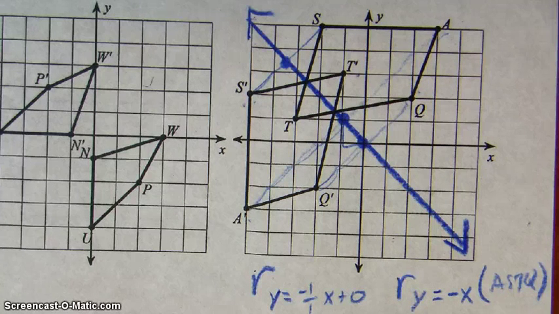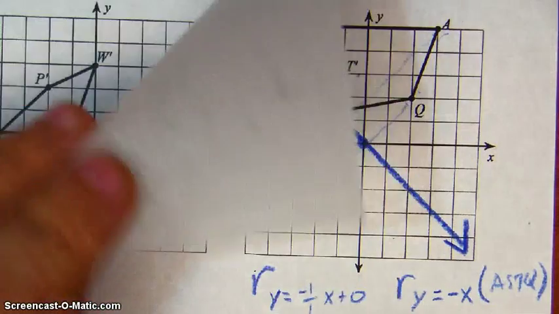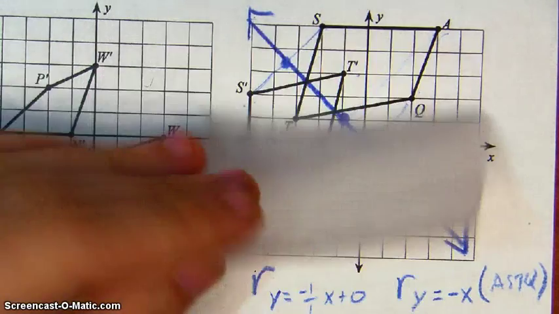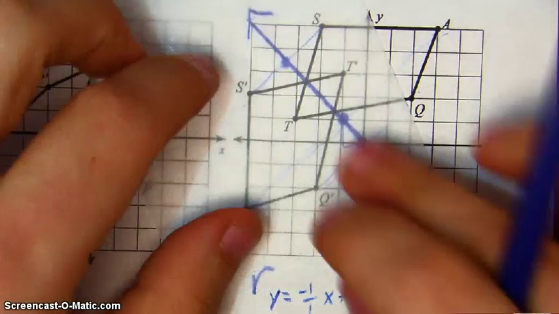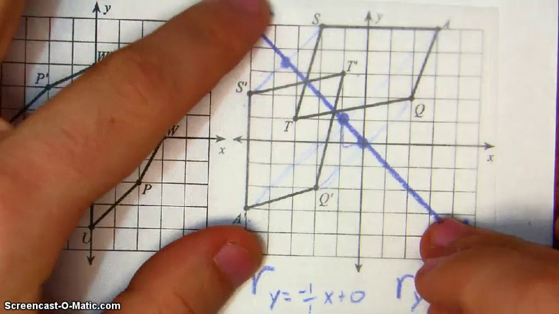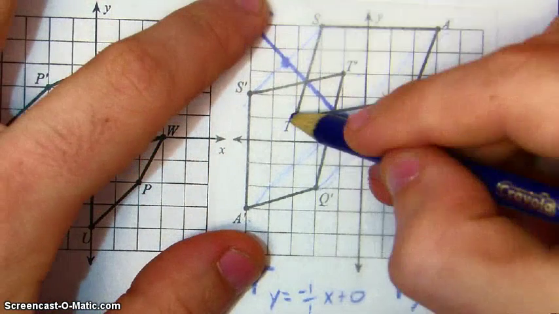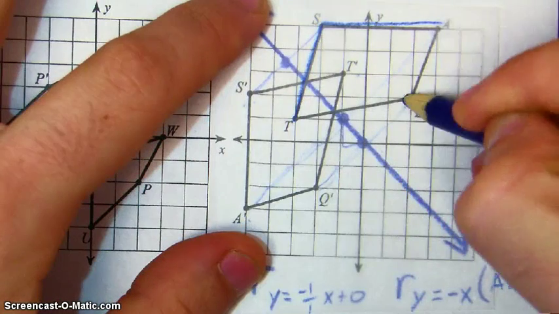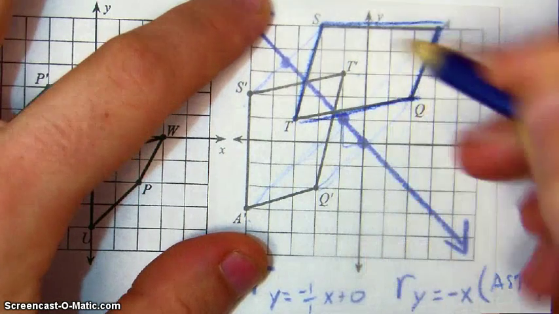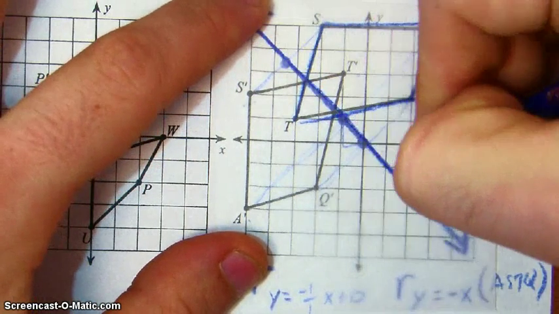In case you're ever unsure if you've made the correct line of reflection, here's what you can do. Take a piece of transfer paper, like this one right here. It's this translucent paper, and put it on top of your grid. Trace your pre-image, as I'm doing right here, and also your line of reflection.